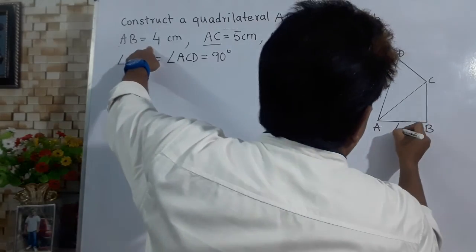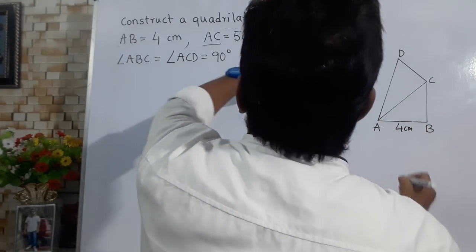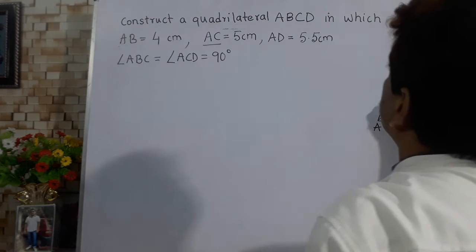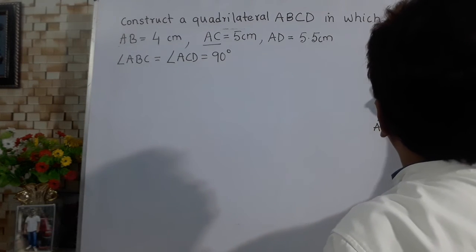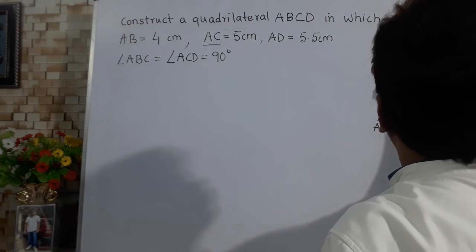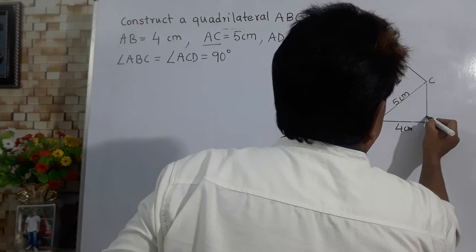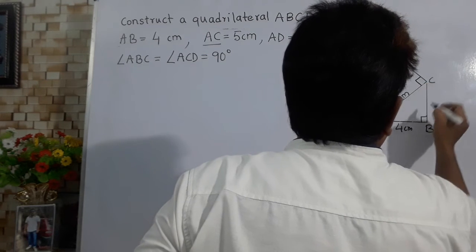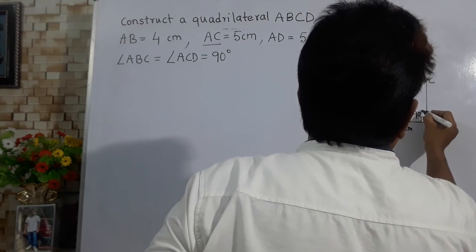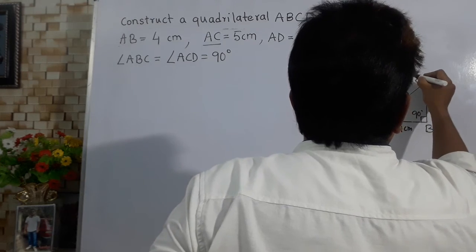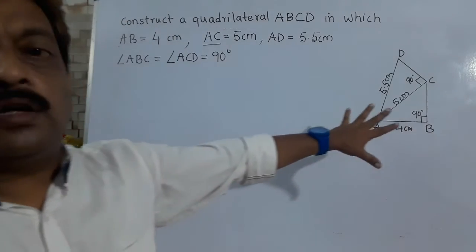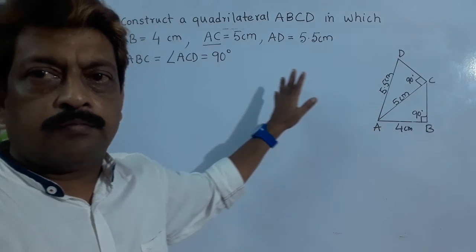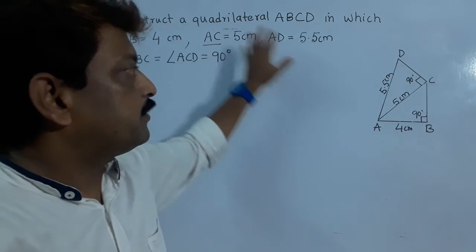AB is 4 centimeter given. AC is 5 centimeter, the diagonal. AD is 5.5 centimeter. Angle B is 90 degrees, and angle ACD, this is also 90 degrees. Okay, so this is the rough diagram. It is more or less drawn according to the information given.